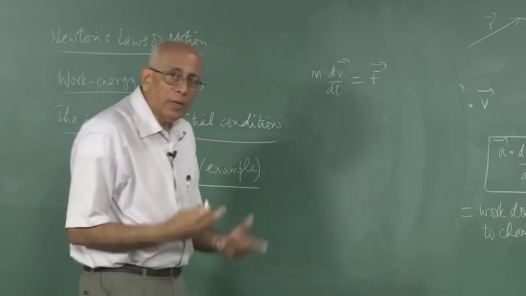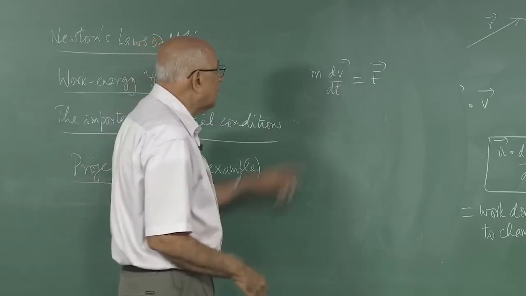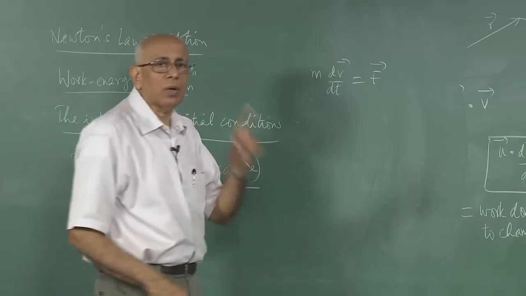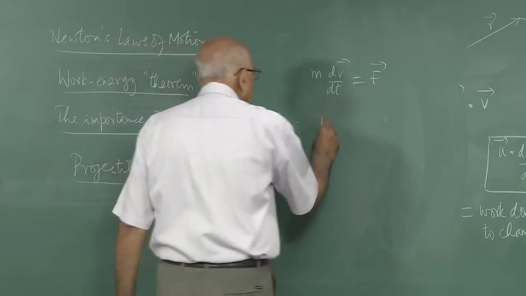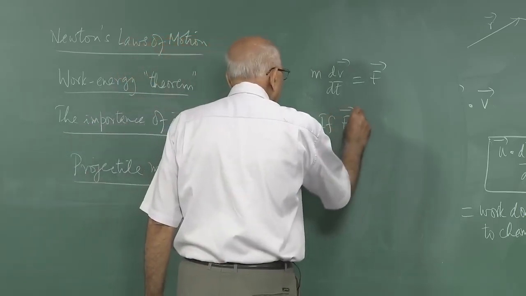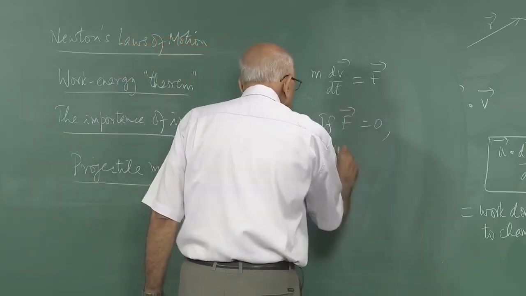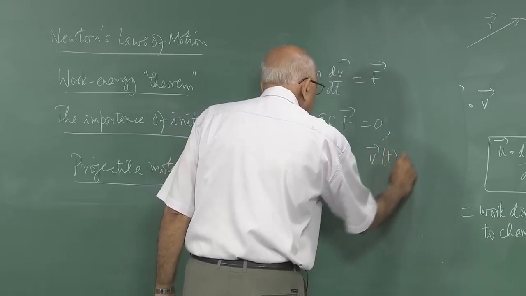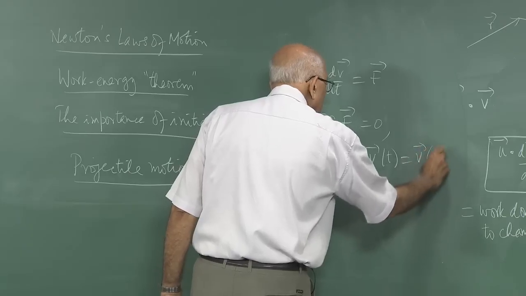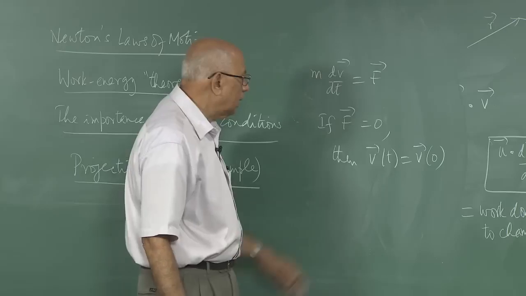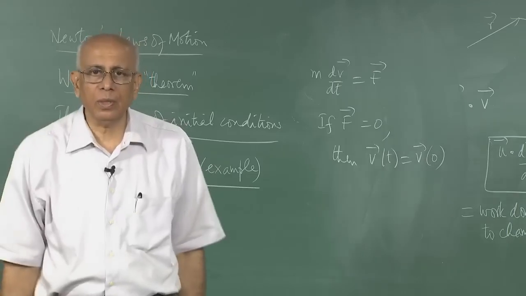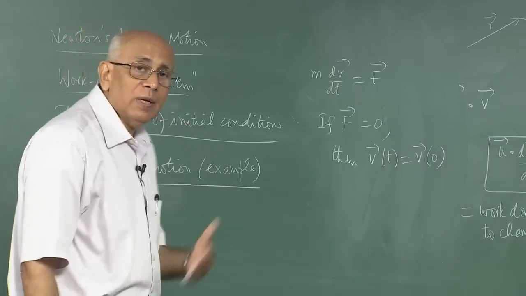Now if the force on the body happens to be 0, then the acceleration of the body is 0, which says the velocity is a constant. So if F equals 0, then v of t is equal to v of 0. Whatever was the initial velocity will persist for all time if the force happens to be identically 0 at all times. But that is the first law.